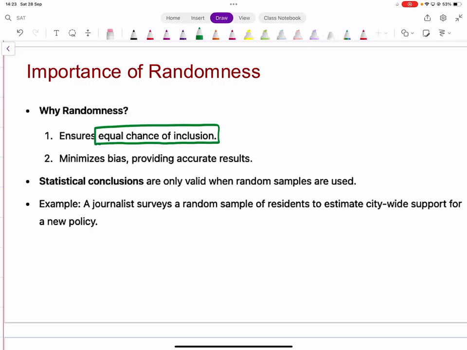Okay? You can't just take a sample from one particular area. And of course, when you do that, it minimizes any biases as well, and the results are going to be more accurate. So any statistical conclusion is only going to be valid if the sample is random. If it's not random, it's not valid. You will not get a valid conclusion from that. Does that make sense?